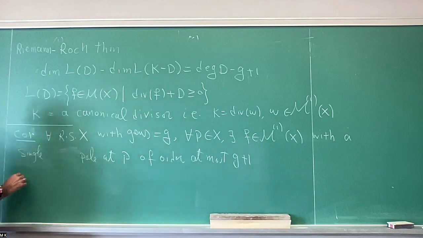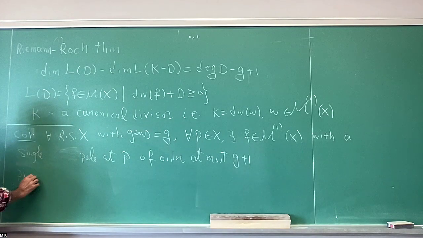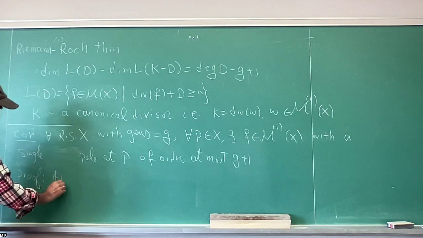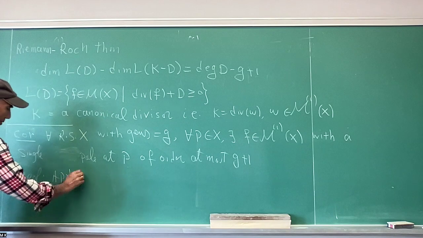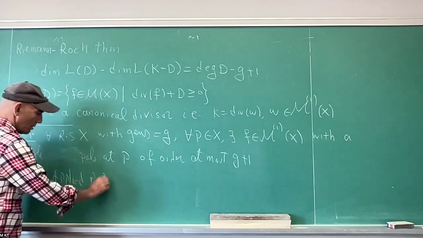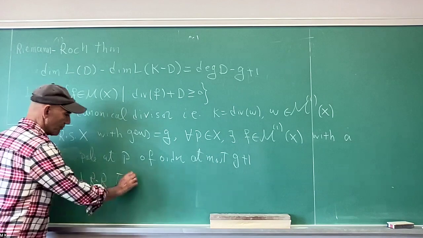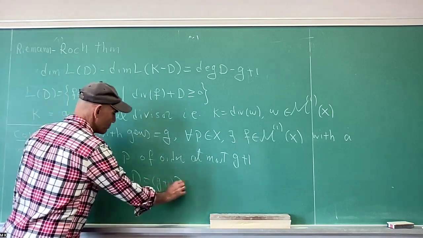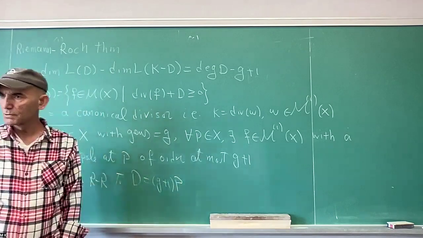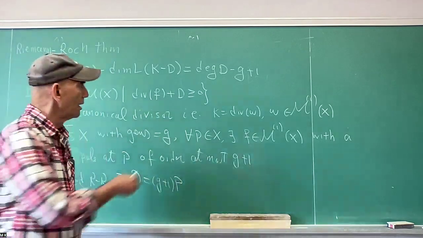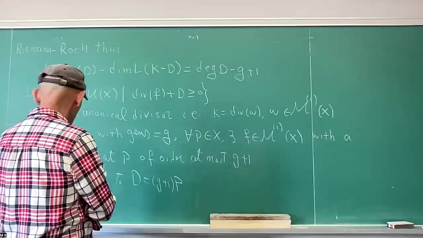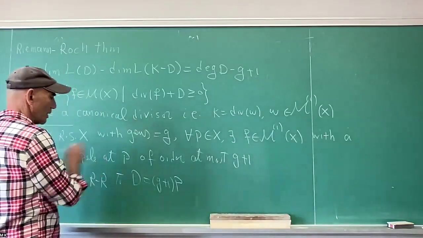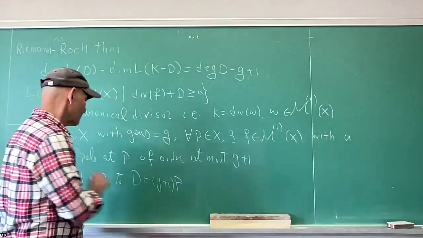To prove this, we just applied Riemann-Roch to the divisor D, which is equal to G plus 1 times P, right? We calculated everything, and this dimension came out as 2, and so on.